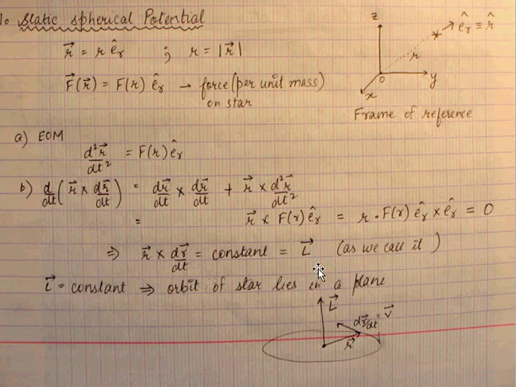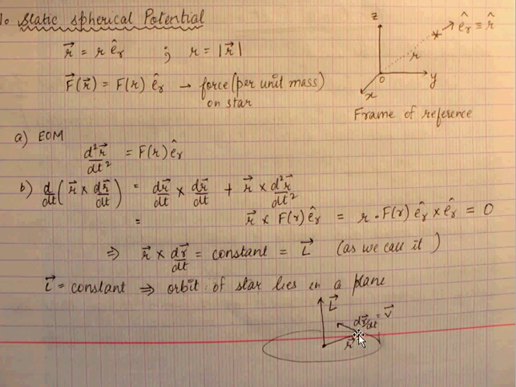So the conservation of angular momentum basically tells us that, of course, the modulus of this term r cross dr by dt is constant, but also since it's a vector, it must always lie in the same direction. The direction of the vector should not change. This means that the orbit of the star lies in a plane, right?